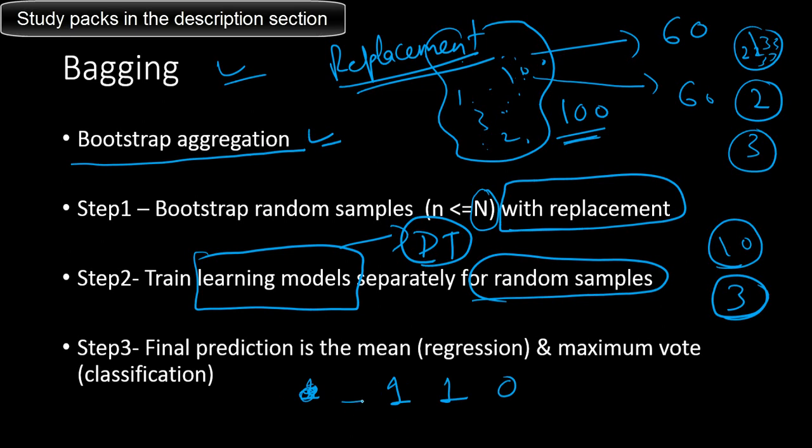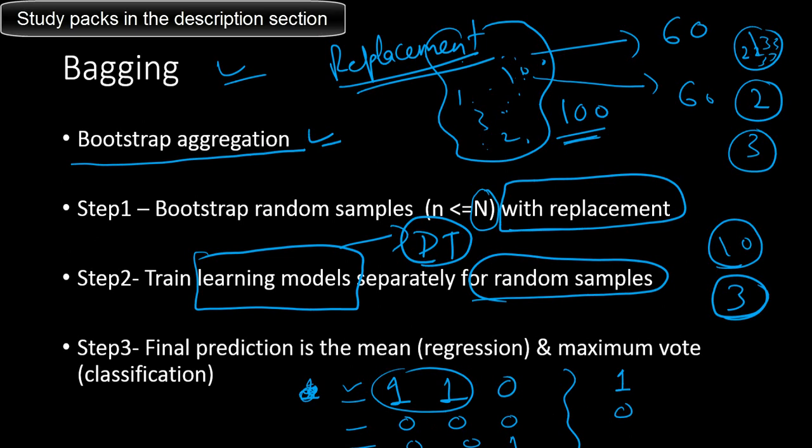Okay, so this is observation number 1. Observation number 2 is predicted to be 0, 0, and even by the third model 0. Now observation 3 is 0, 0, and then 1. So what is the final one? For observation 1, because there are 2 ones, the maximum vote is 1. Here there are 3 zeros, so it's obviously 0. Here there are 2 zeros and only one 1, right?